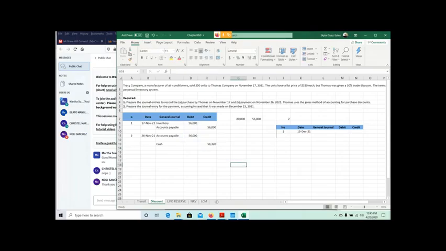97%. There we go. And then the difference is going to go to inventory because we're using a perpetual inventory system. So that will be this difference. And then if we didn't meet the terms, the 10-day payment, if we paid it on December 15th instead of the 26th of November, then we are not going to have the discount.